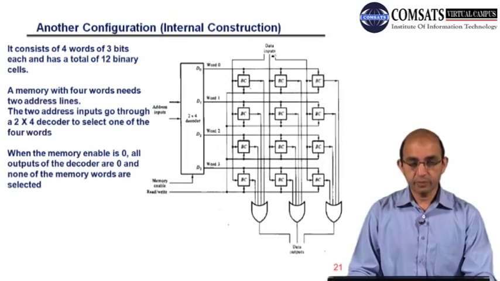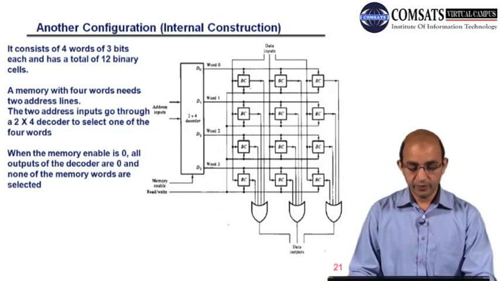So these are the input lines and these are the output lines. If I want an extra bit over here, I need a line over here, and I need a line over here. But I can have the same address bits.